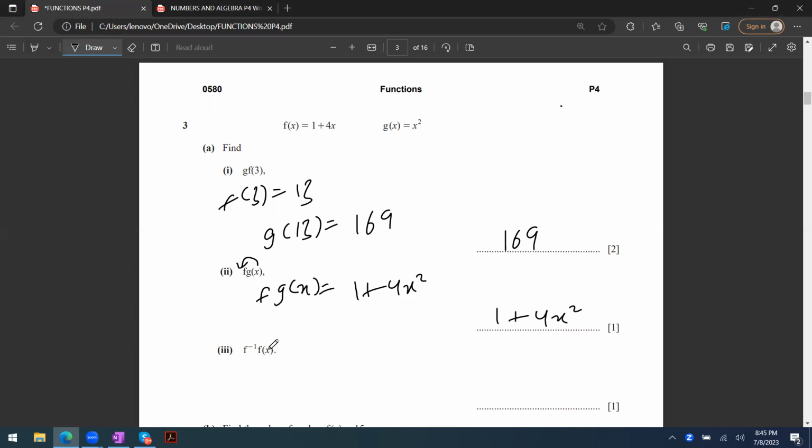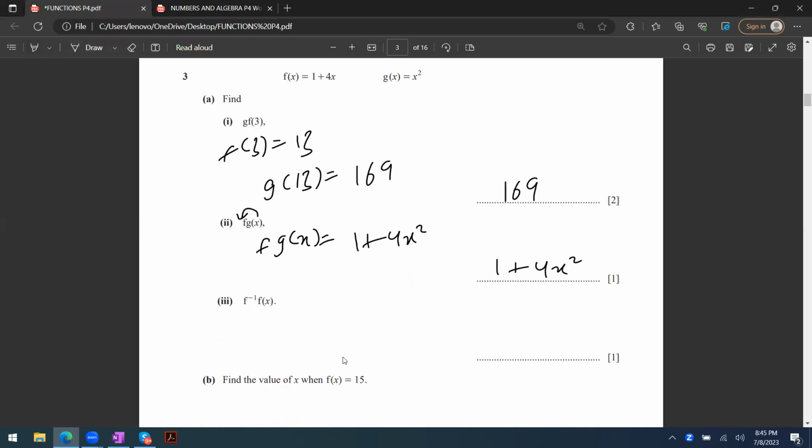f inverse of f of x. This one we discussed yesterday. Okay. Aisha, can you tell me, or else Shavez, what shall be the answer for here? So would the answer just be x? Just be x, correct. Because what is going to happen? f of x is first going to convert x into some number, let's say y.